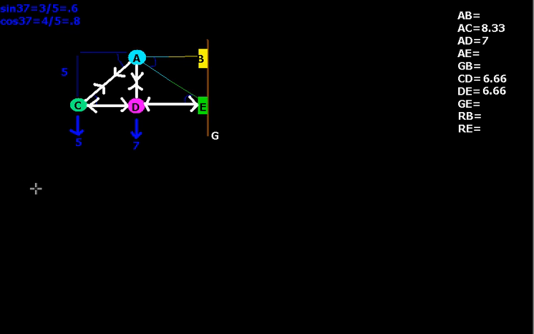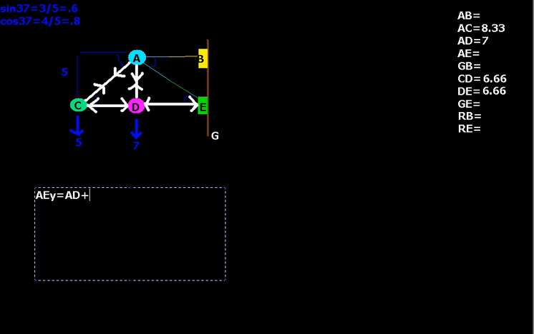So, how can we express this? Because right now it sounds like I'm rambling. So basically, this AE in the vertical direction, at least, AE in the y direction is going to be AD, that's all in the y direction, plus AC in the y direction.